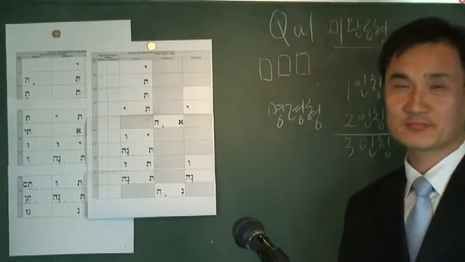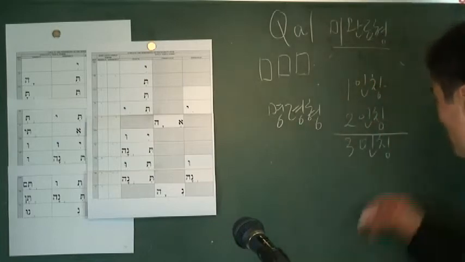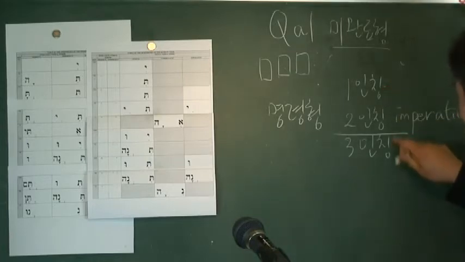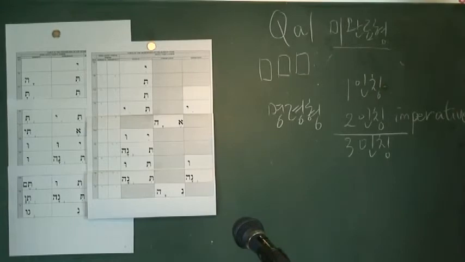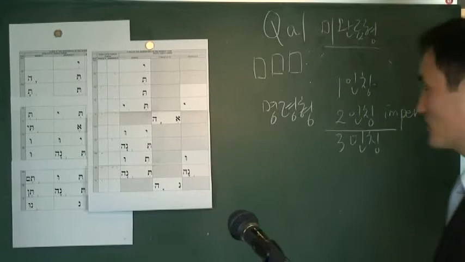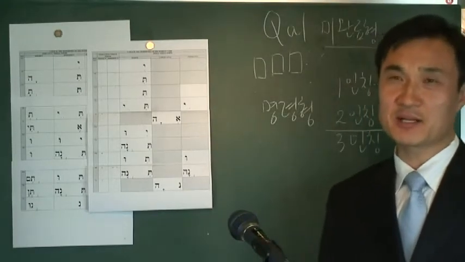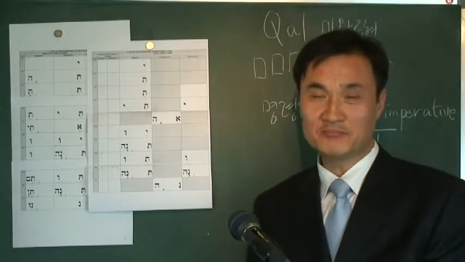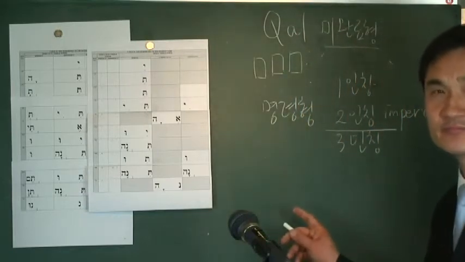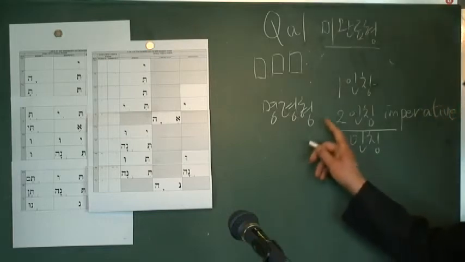The imperative that we are most familiar with would be the second person imperative. This is the imperative. There is also the first person imperative and the third person imperative. The second person imperative is a command that says, do this or don't do this.